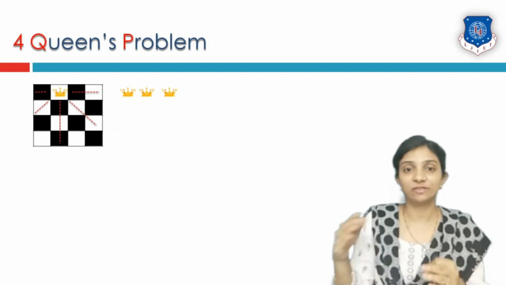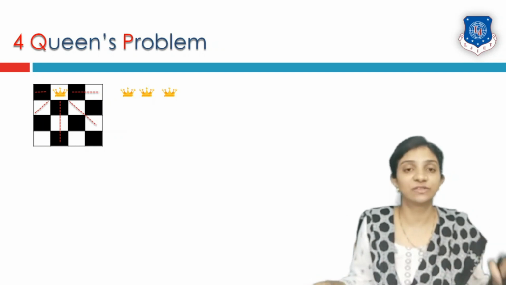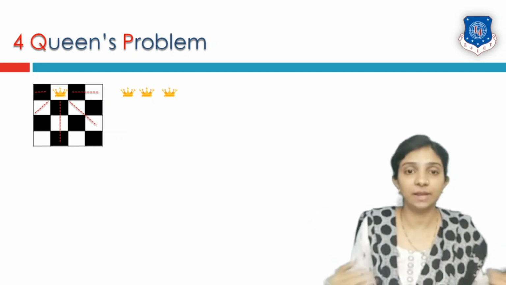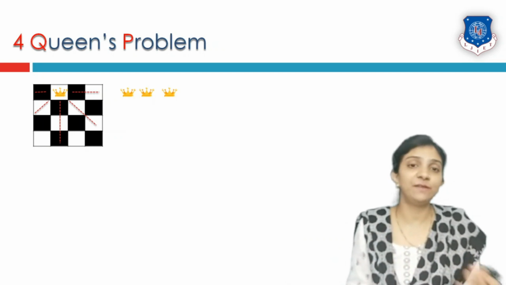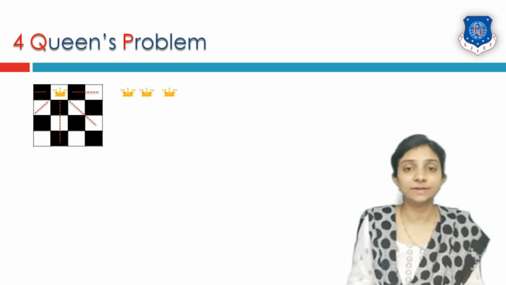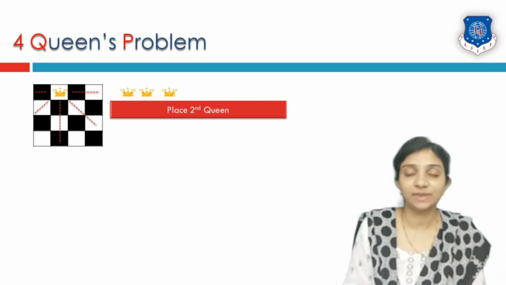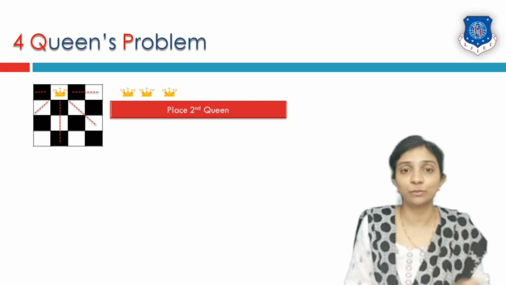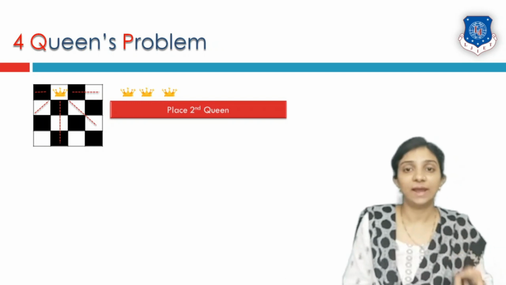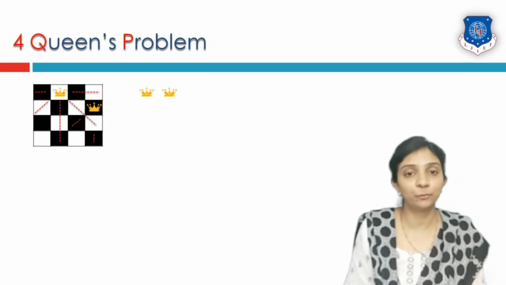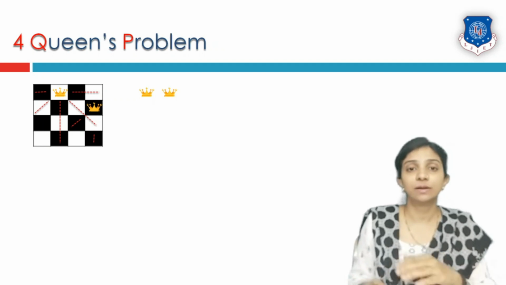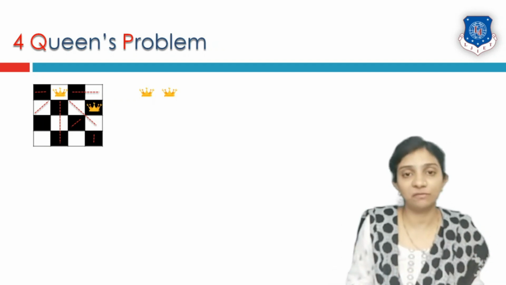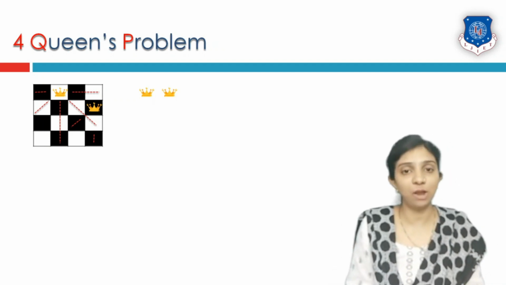Now diagonal towards the left as well as diagonal towards the right, both are getting blocked. Now here, is there any space in row 2 where I can fit my queen number 2? Yes, there is a space in row 2, the 4th cell.